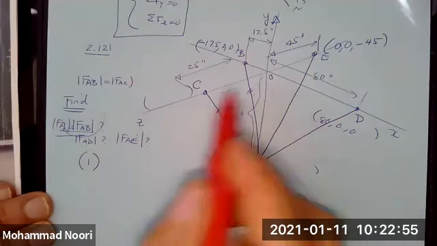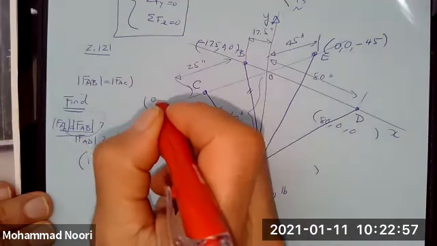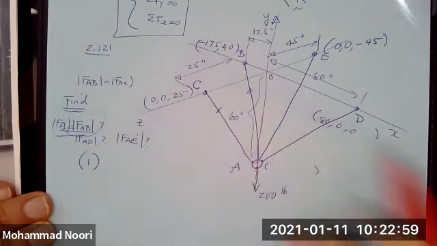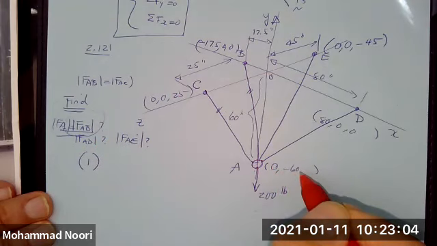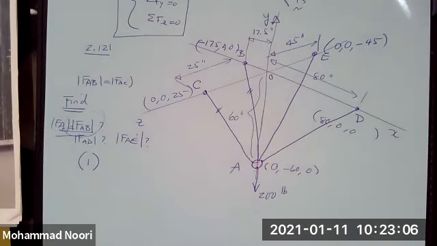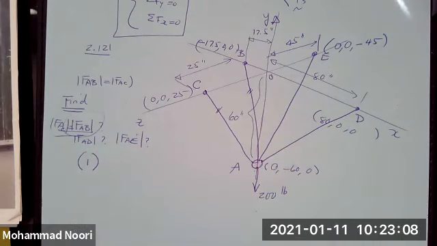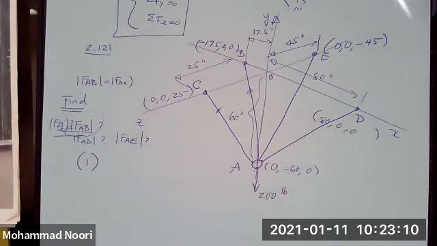C is on the z-axis, positive side, is 0, 0, 25. And A is 0, negative 60, 0. So always write those coordinates on the figure to make your job easier. Any questions? Please stop me at any step.